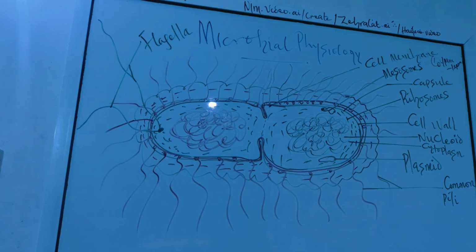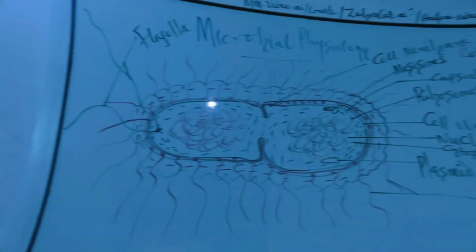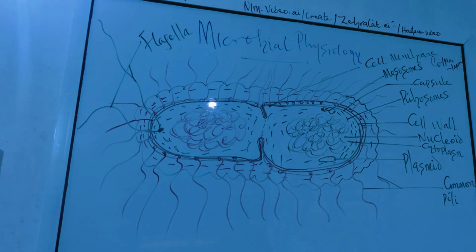That is, whatever function, whatever role a bacterial cell is playing in the environment, is it as a commensal, is it as a saprophyte, is it performing the function of a parasite? Whatever role a bacterial cell is going to perform will definitely depend on the structure, depend on the components.